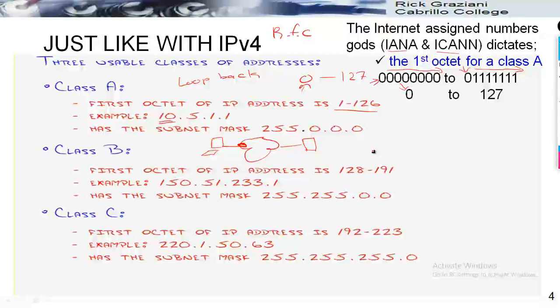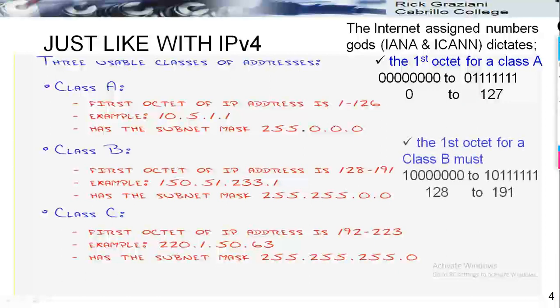Anyway, I think I have digressed. So those are the rules. For a class B, the same gods say that the first bit in the first octet has to always be set, and the second one has to always be off. So if you turn everything else off, that's how you have 10000000, and if you convert this number to decimal, that's how you get 128.